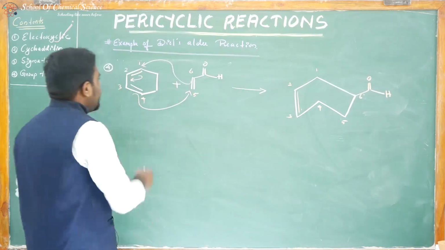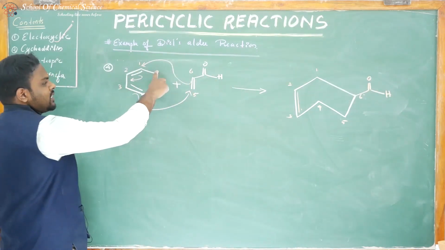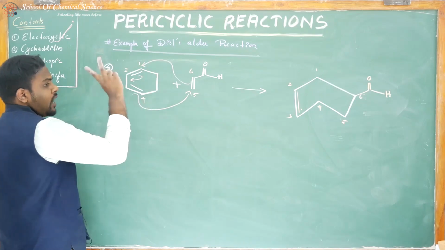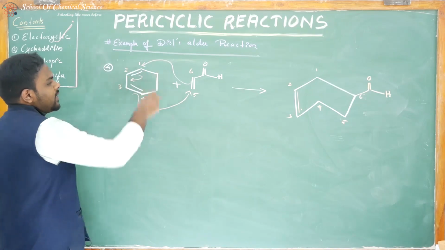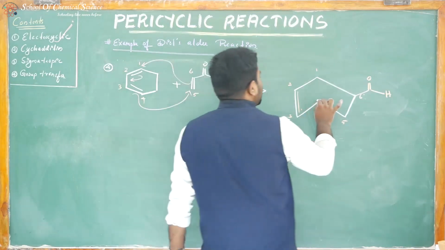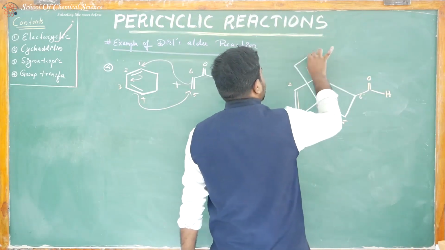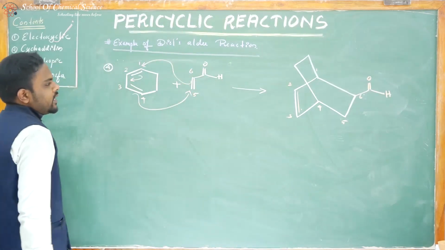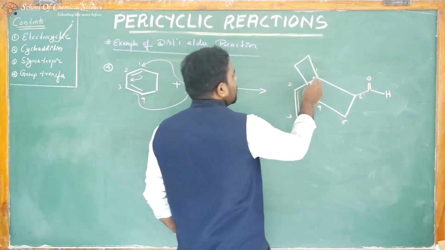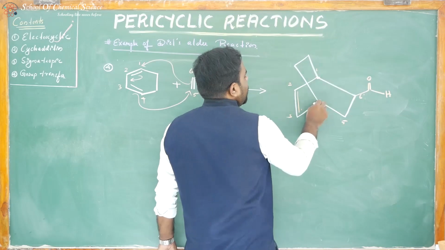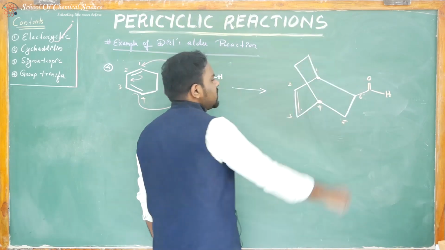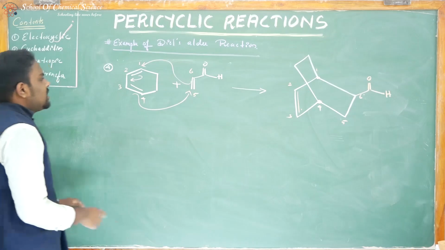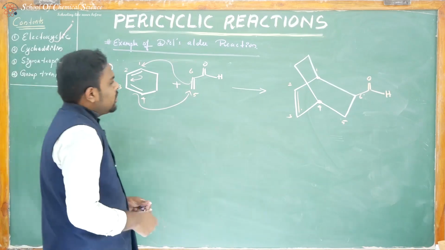Then between 1 and 4 a bridge is there, and this bridge contains 2 carbons. So this is the bridge, and that bridge contains 2 carbons. That is the product. Carbon number 1 and carbon number 4 contain the bridge, and this bridge contains 2 carbons. So that's the product.